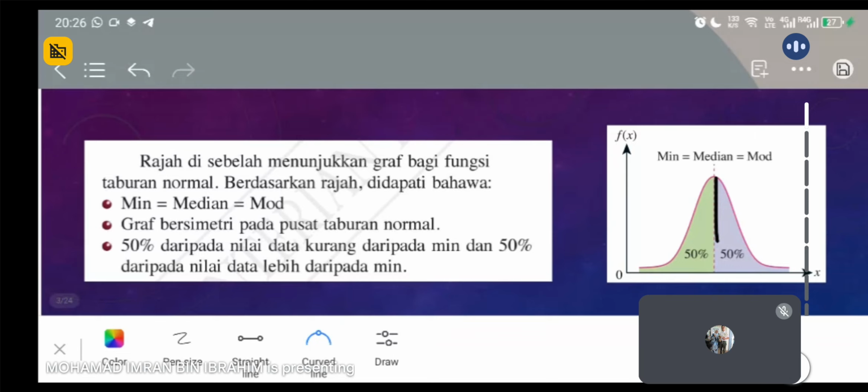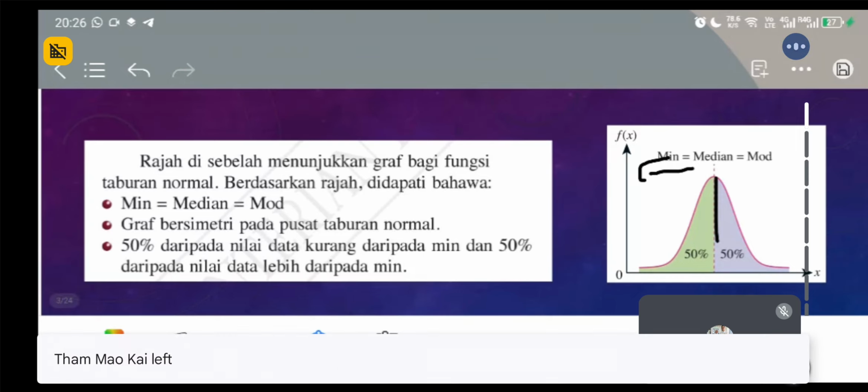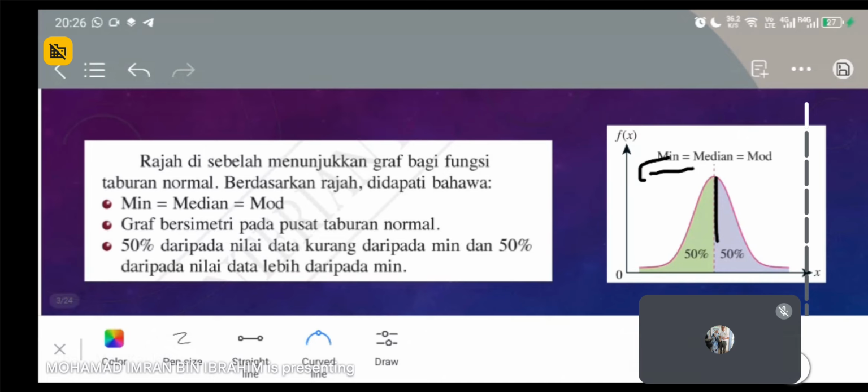So you can see that anything like here, 50% of this part, which is this side, is less than the mean, which is this side.